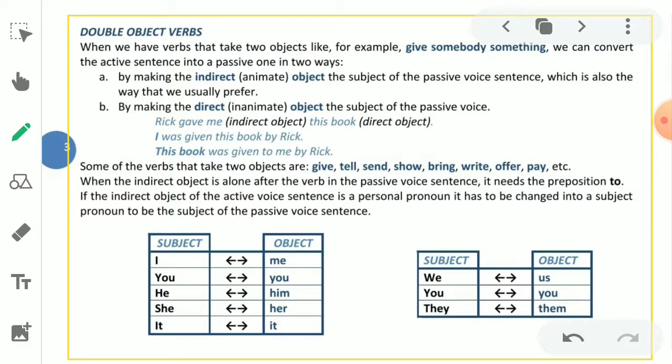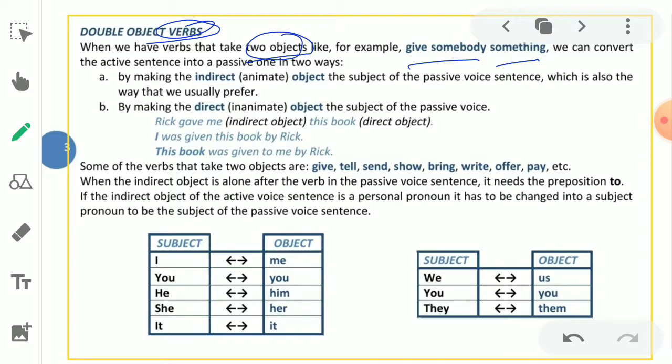Next here, double object verbs. So what is that? When we have verbs that take two objects, for example, give somebody something. See here, they are going to focus on object 1, object 2. In a sentence, there may be chances to have more than one object.